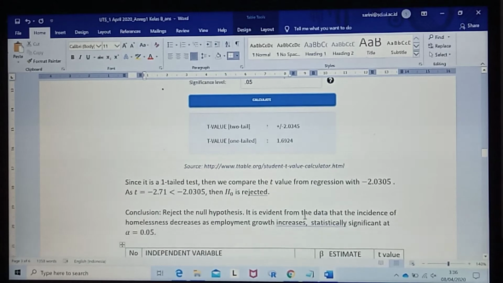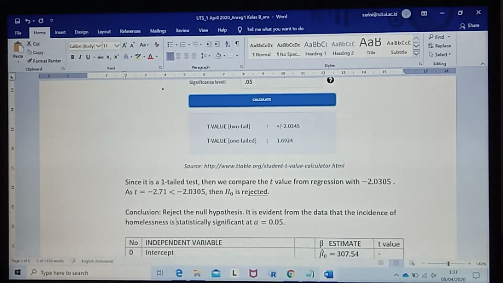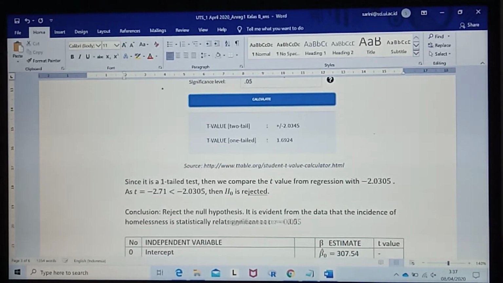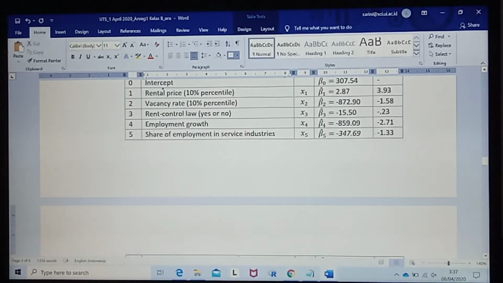So we saw that the incidence of homelessness is statistically related with, what do we have in X4?